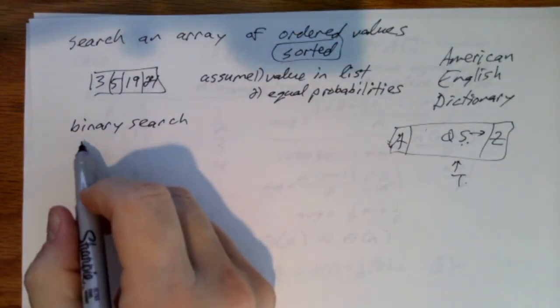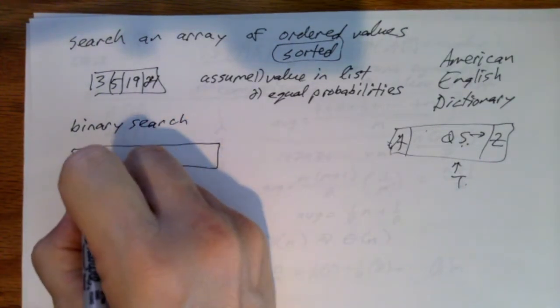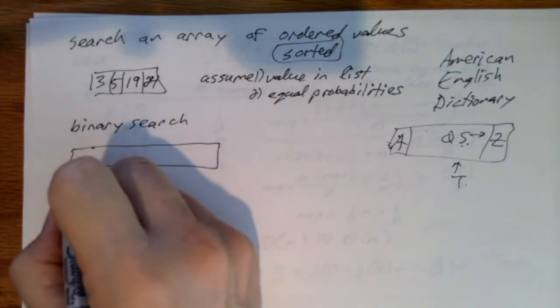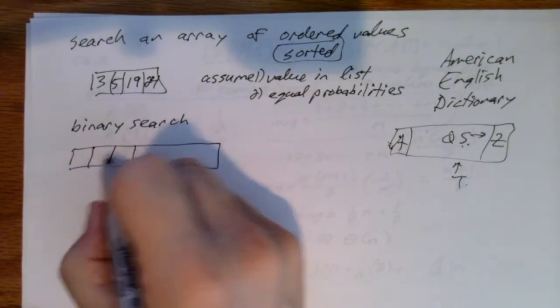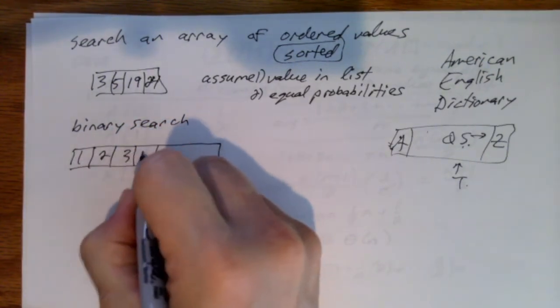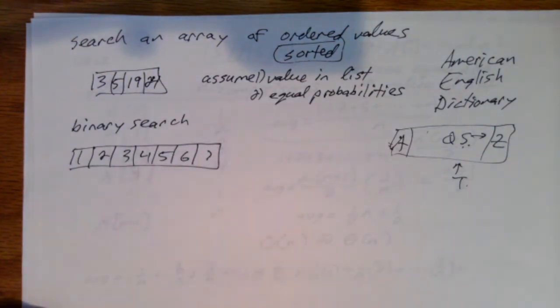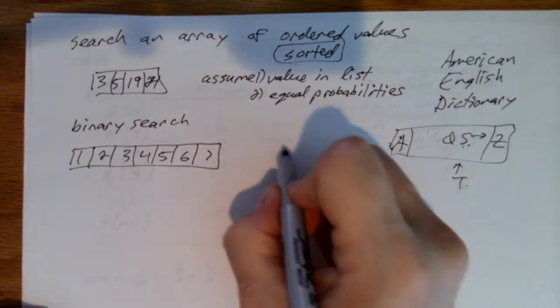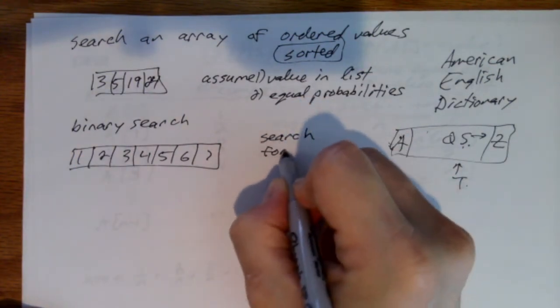So with the binary search, what you do, and I'm going to use numbers that tell us where we're at, actually. Let's say that I'm looking for the number 6. Search for 6.